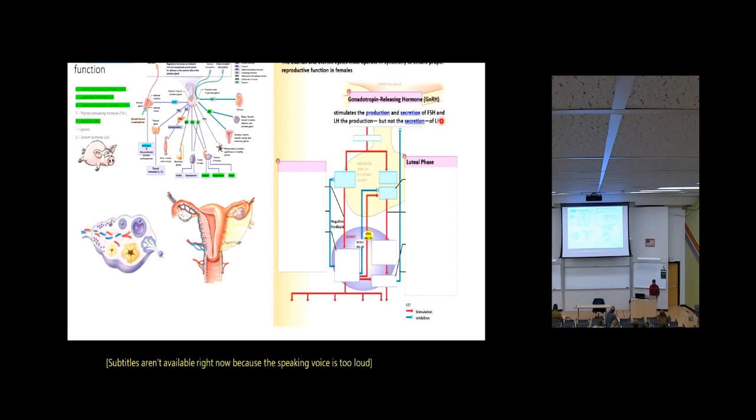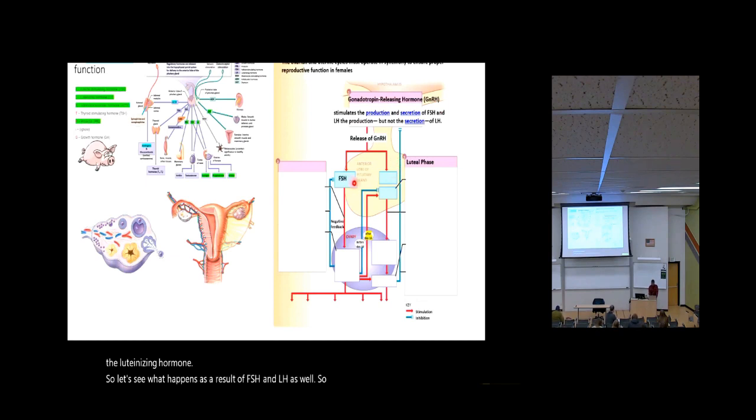Whereas when it comes to the luteinizing hormone, its production is going to be mediated by GnRH, but the secretion of the luteinizing hormone will be mediated by something else, right? And the short answer is estrogen will help in the release of the luteinizing hormone.